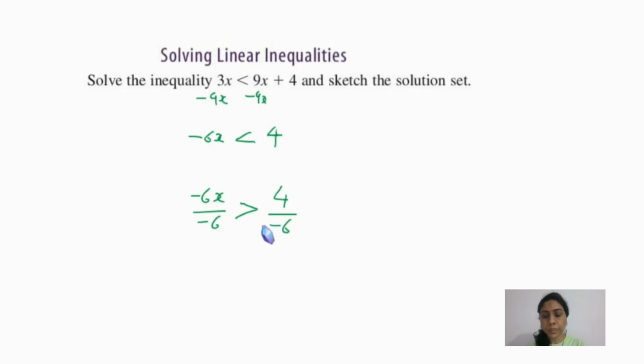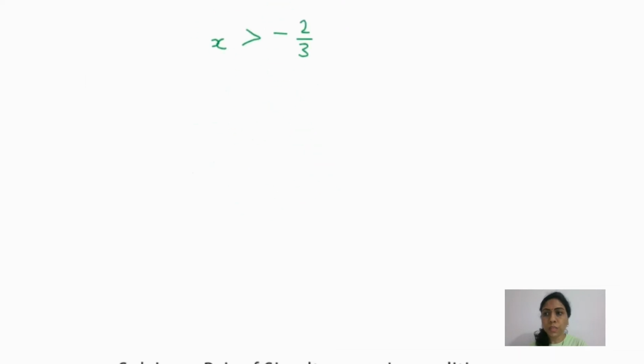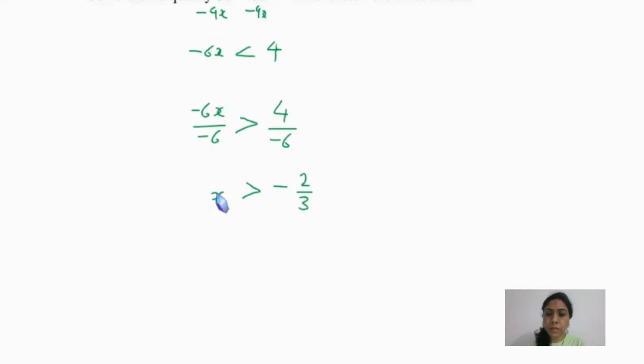This is less than, now greater than. x is positive, minus 6 cancelled by minus 6, greater than, and this answer is negative because of the different signs. And 4 upon 6 we can simplify by dividing by 2, giving 2 upon 3. So here is the solution: all x values greater than minus 2 upon 3.